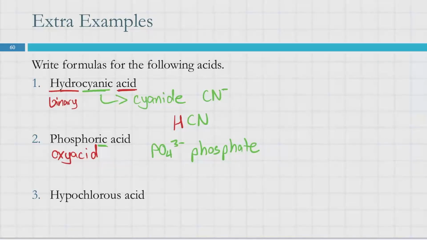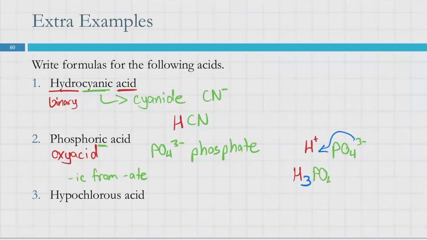We have in our name the IC ending. What does IC come from? IC from ate. So that means that we have phosphate for our oxyanion for phosphoric acid. So PO4 3 minus, we're going to balance that by adding hydrogens in front. The 3 comes over. It's H3PO4 for phosphoric acid.